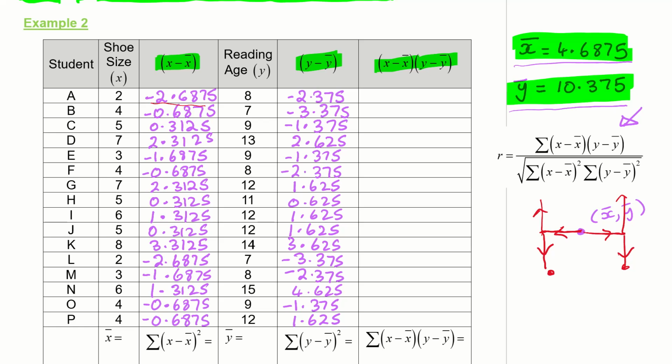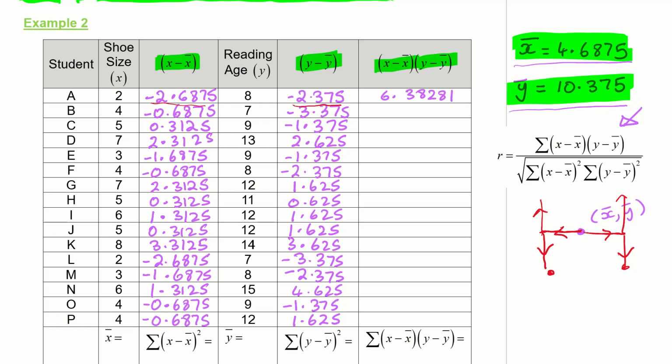Now, in the case where they're both negative, when we multiply them, we get a positive answer. In this case, 6.38281. That's what you get when you multiply negative 2.6875 and negative 2.375.